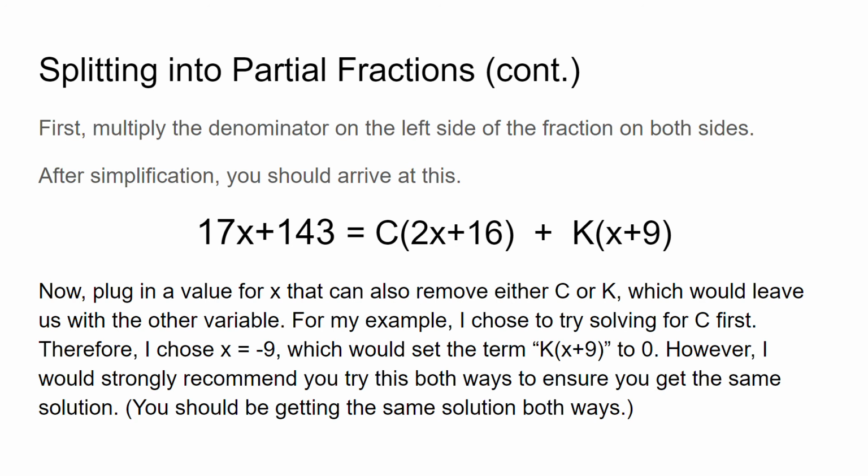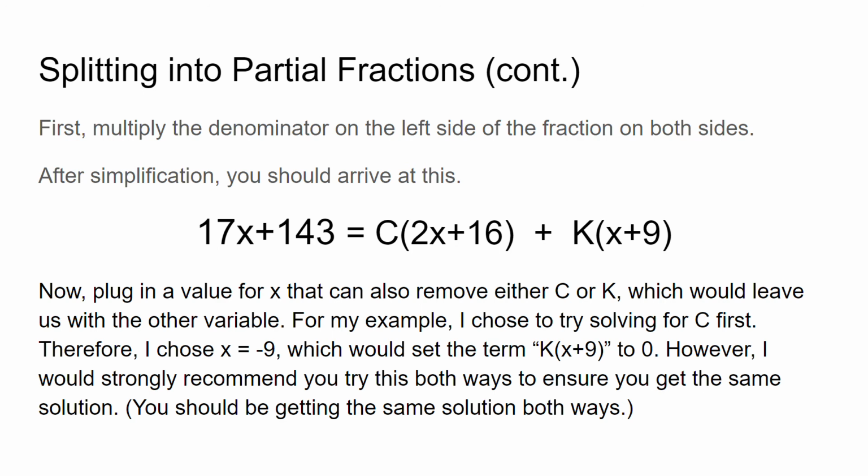It's written down, but if you didn't read it yet, basically what it says is plug in a value for x that will eliminate one of either C or K, because we need to solve for C and K. So first, I would suggest trying to make x plus 9 or 2x plus 16 zero.